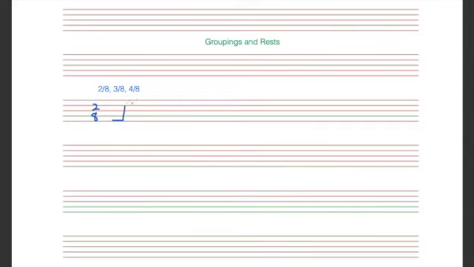Okay, like this. 3/8 time as well. 4/8 is quite a funny one. I've seen this grouped in many different ways. Sometimes they group it as 2 quavers plus 2 quavers. Sometimes I see them all joined together. Okay, so either way.